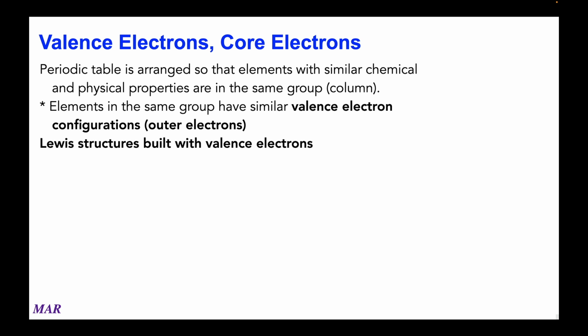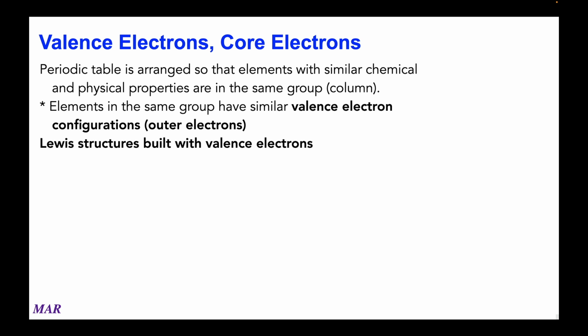However, some of them will be on the outside of the atom, and those are the ones that will make bonds to other atoms. So the valence electrons are the ones that are going to make bonds with other atoms. On the other hand, we'll talk about core electrons. Core electrons are just too deep inside the atom to make connections with other atoms.